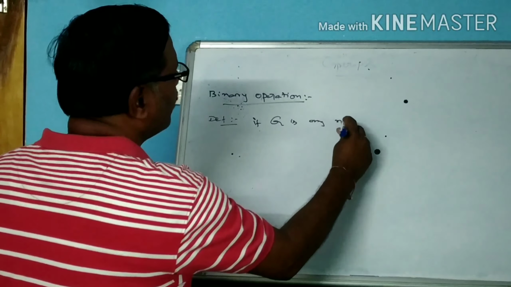G cross G means the Cartesian product, the set of ordered pairs (a, b) such that a, b belong to G.